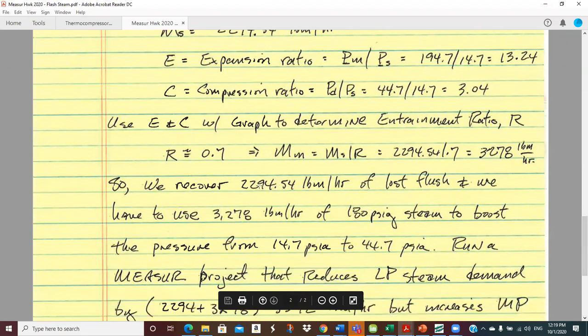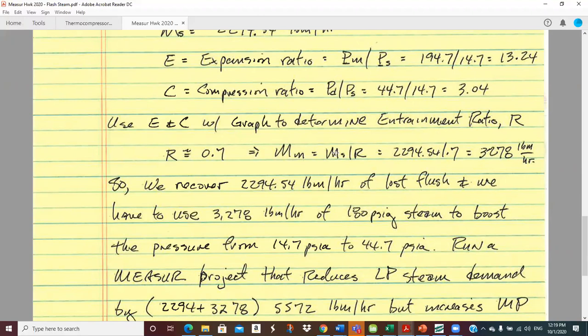Okay, so then you take the suction steam that you're recovering divided by R, and that's that 0.7, and that gives you the motive steam, the 170 pound steam. How much do we need in order to make this thing work? So that's, you know, a little short of 3,300 pounds an hour.